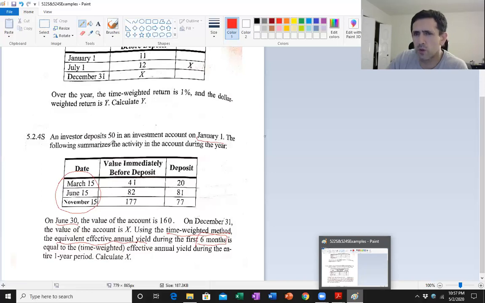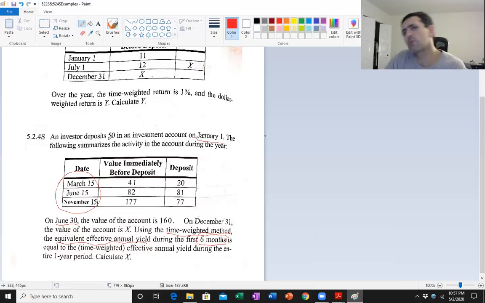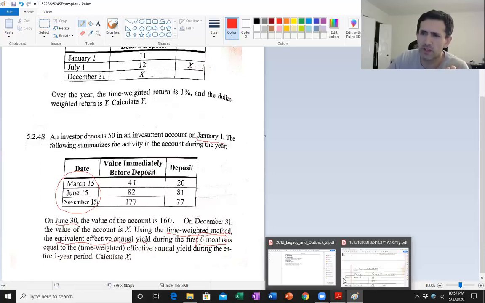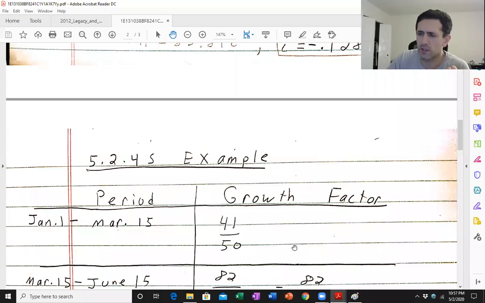When we say you're depositing 50, it's assumed that there's nothing in the account and you're just depositing the 50. That might have been a little confusing, but okay. So, right, it's 41 over 50. You start with 50, you wind up with 41 before the deposit.